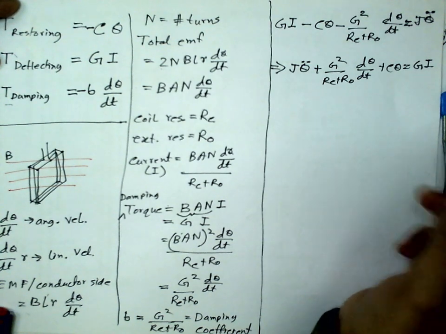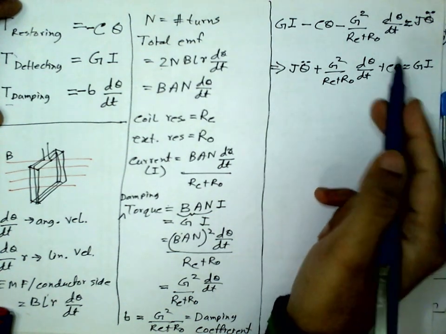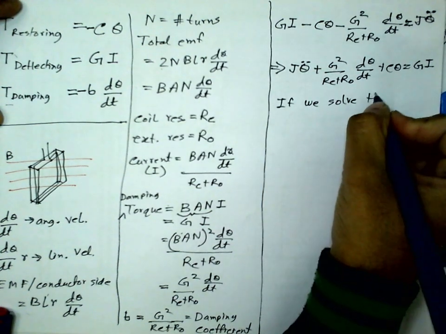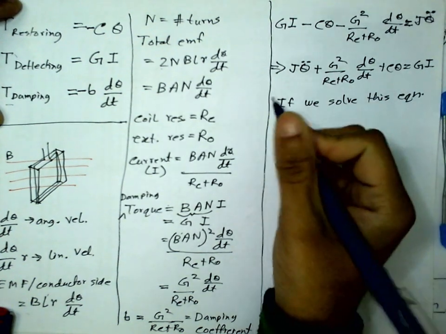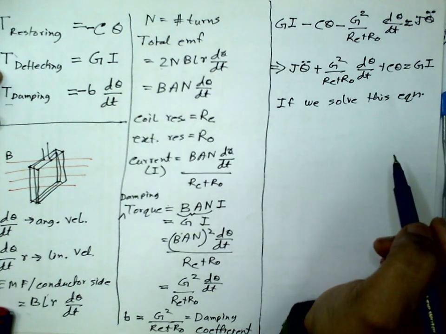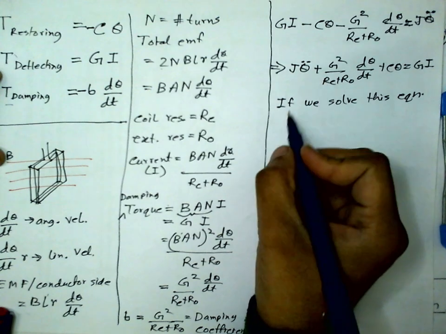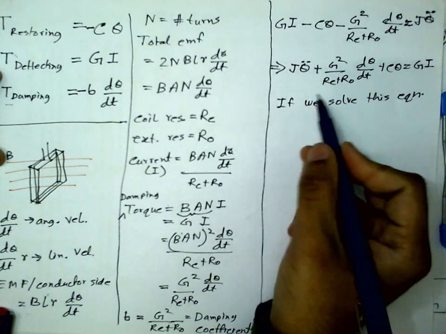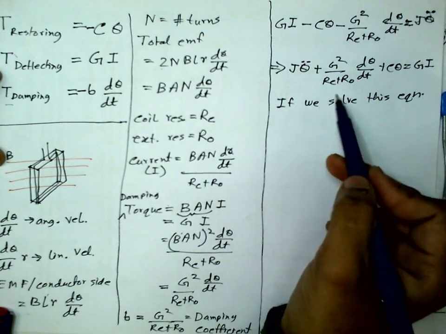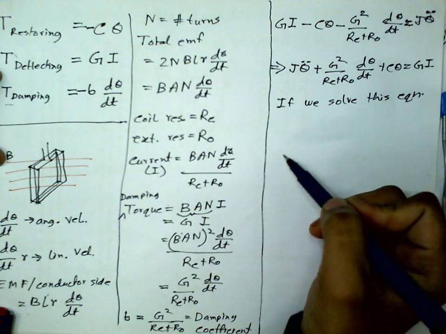Now from this, what do we see? If we solve this equation, there will be two parts, a natural response and a forced response, and depending on the characteristic root of this equation, the response can be oscillatory or can be damped.